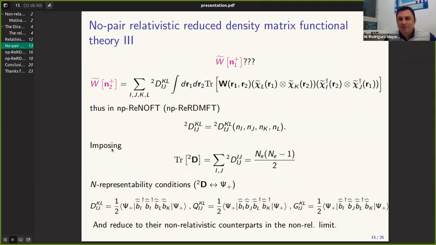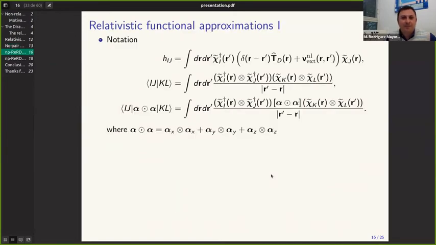Professor Shevsky will probably complain about this. But then we will impose again the usual representability conditions, and we will impose that the trace is the correct trace, and that these functionals retrieve their non-relativistic counterparts in the corresponding limit.